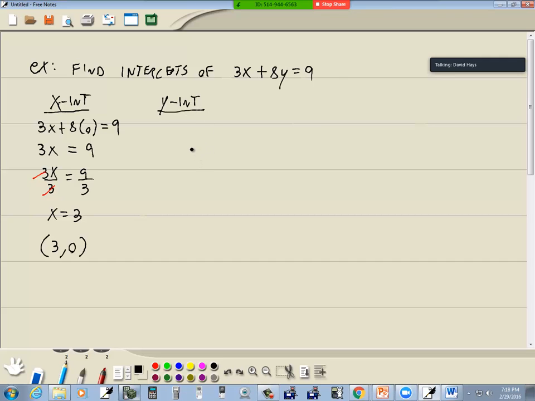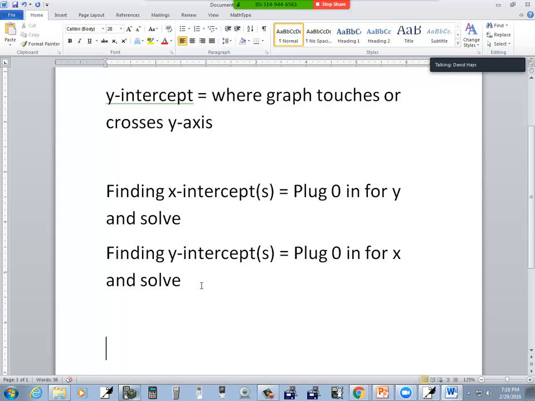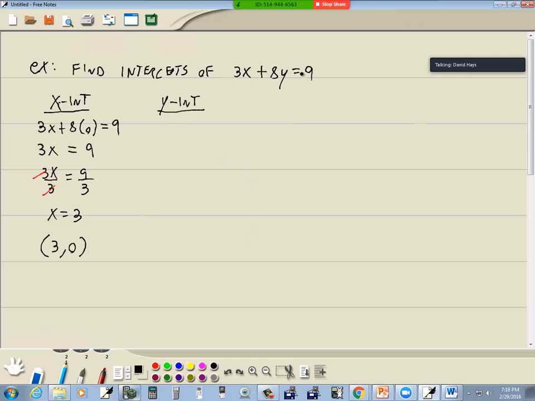Now to find the y-intercept, we plug 0 in for x and solve. So we're going to go back to our original problem, and we'll plug 0 in for x. So I got 3 times 0 plus 8y is equal to 9. 3 times 0 is 0, so it drops away, and we got 8y is equal to 9. When you're finding intercepts, it will always drop away like that.